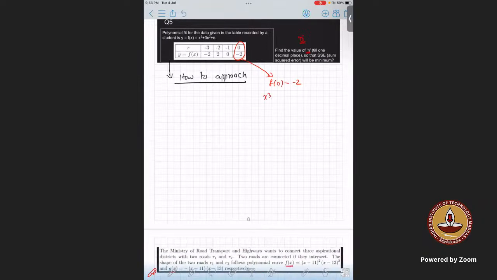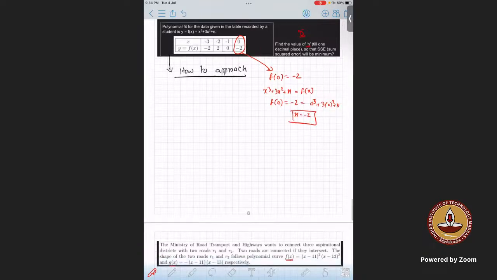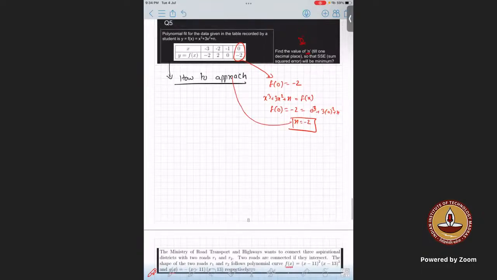That means f of x equals x cube plus 3x square plus n. F of 0 equal to minus 2 equals 0 cube plus 3 into 0 square plus n. N equal to minus 2. The next thing you have to do is check by substituting all the other values.